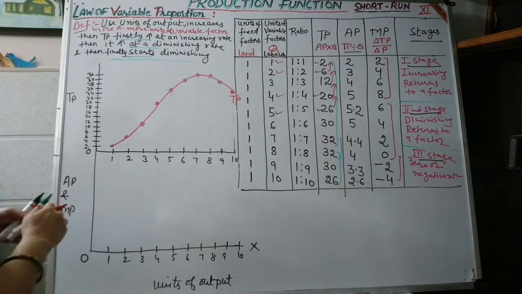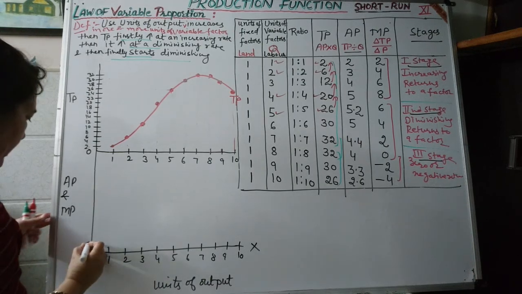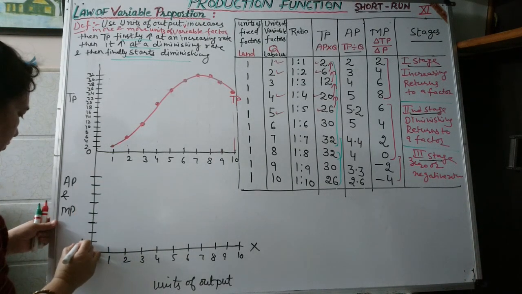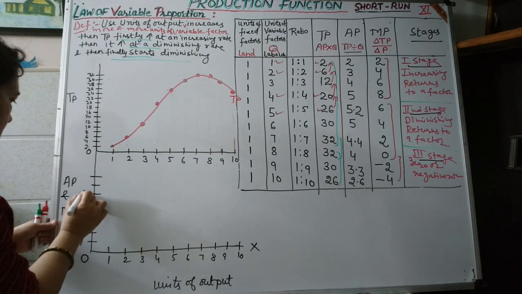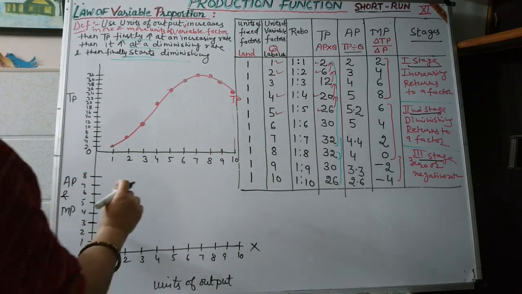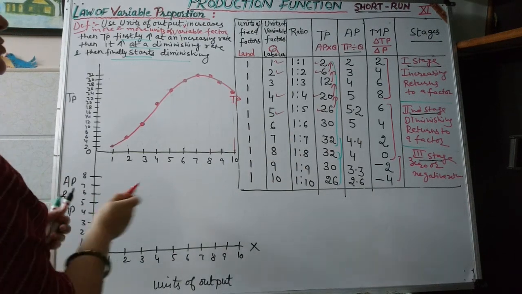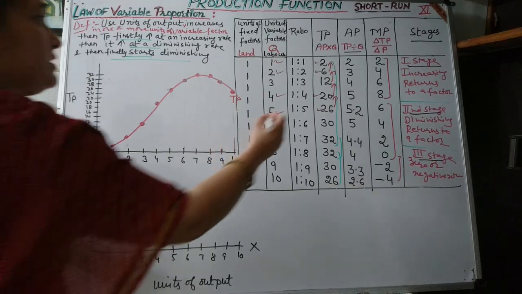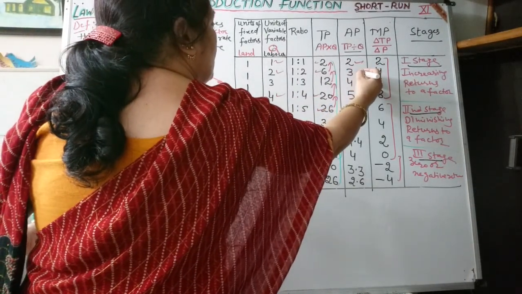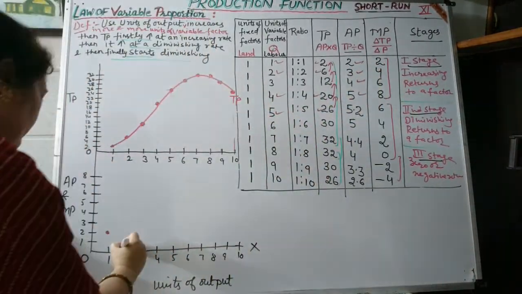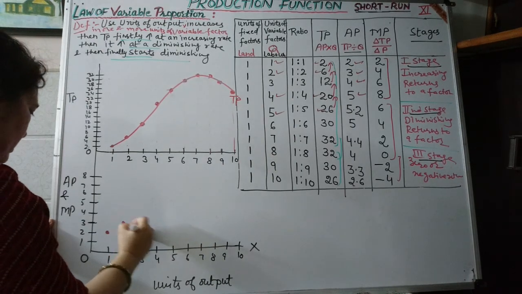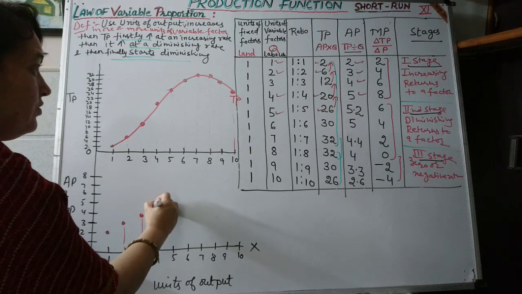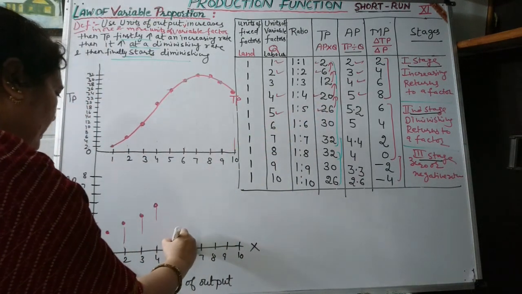And then for AP and MP, 1, 2, 3, 4, 5, 6, 7, 8. At first unit of output, AP is 2. At second unit, it is 3. At third unit, it is 4. At fourth unit, it is 5. Fifth unit, 5.2.